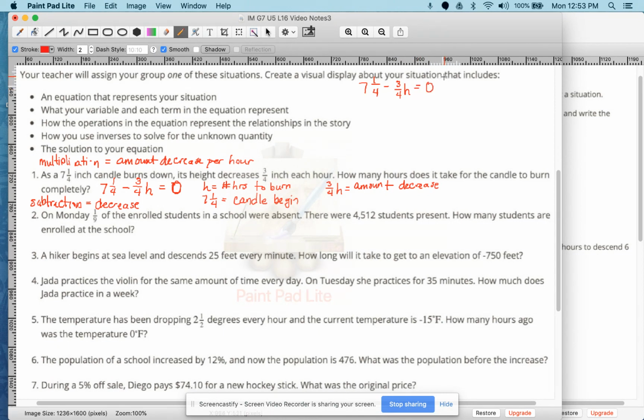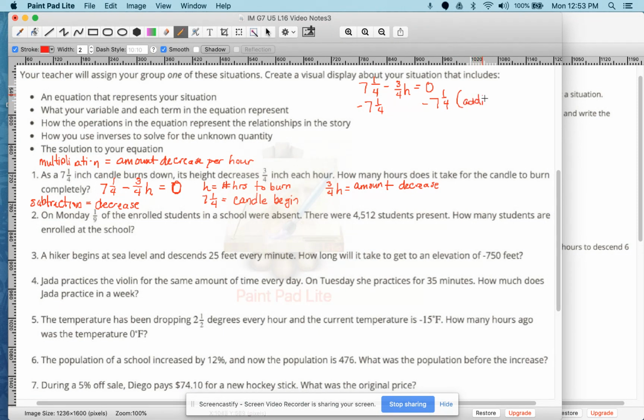So the first thing I need to do is try to get rid of everything that's with my h. The first thing I'm going to get rid of is anything that's being added to or subtracted from my h. So I'm going to use the additive inverse, 7 1/4 subtracted by itself. So that's an additive inverse.